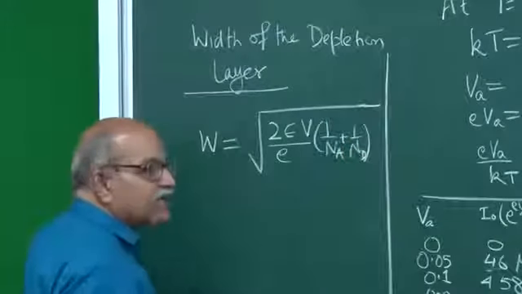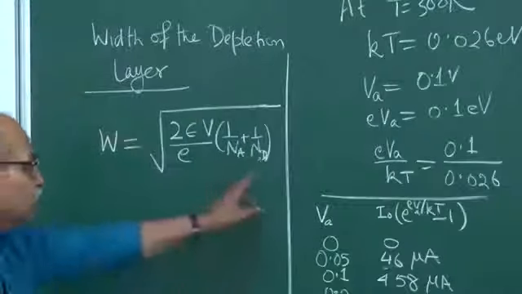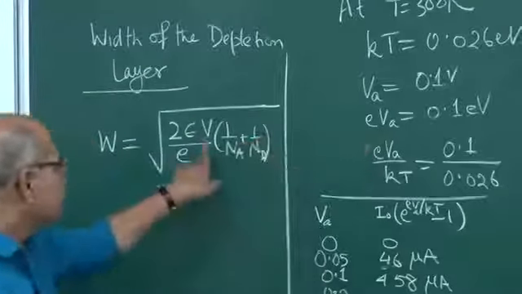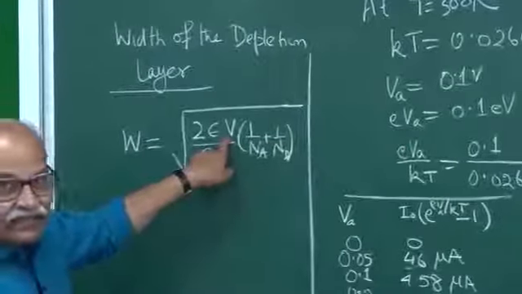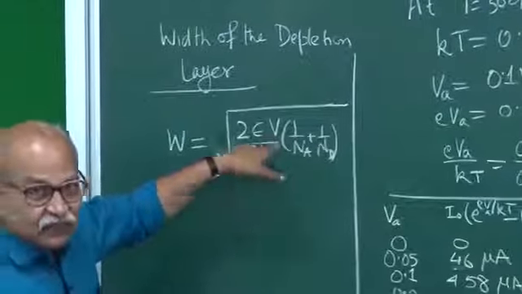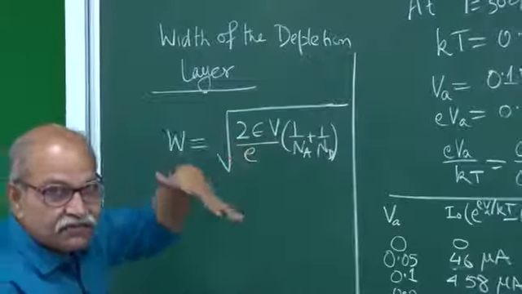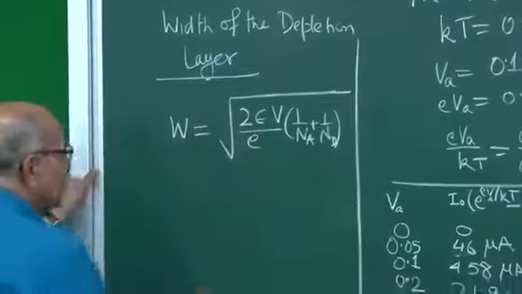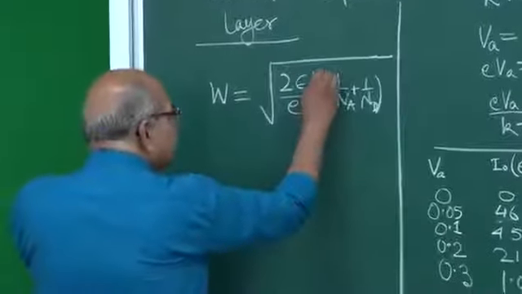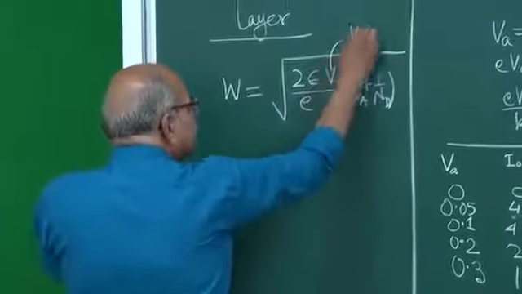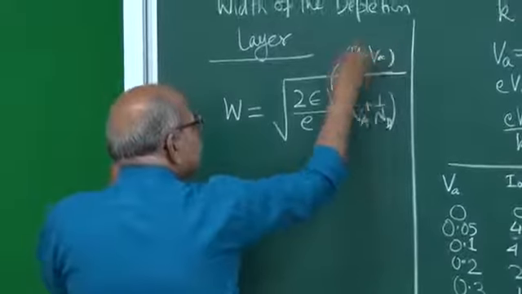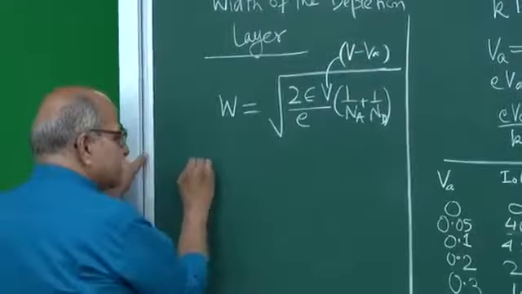We had derived that. So, when you apply this forward bias, this V decreases. Remember what is this V? This was that potential barrier. So, now this V becomes V minus VA. The barrier height is decreased.